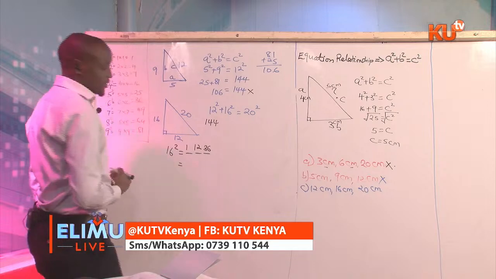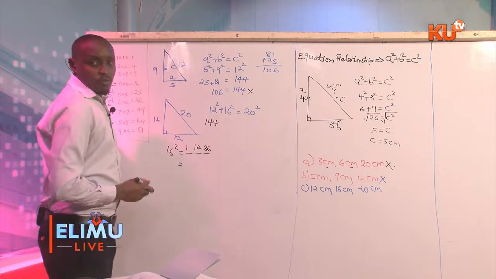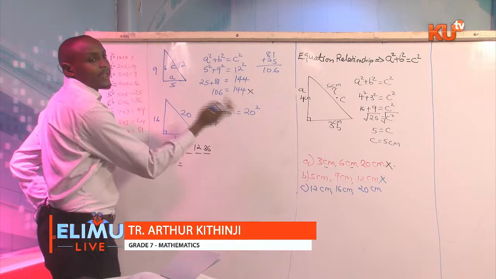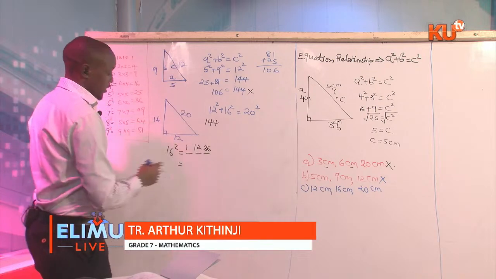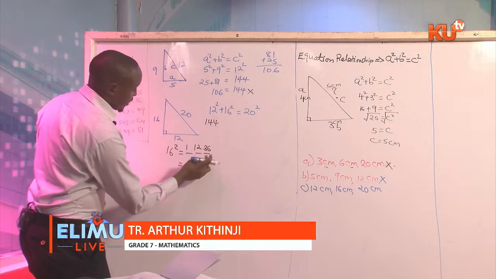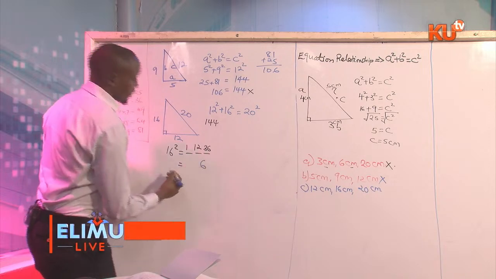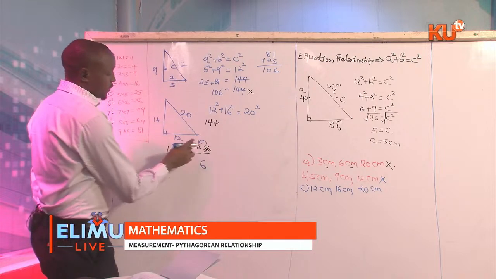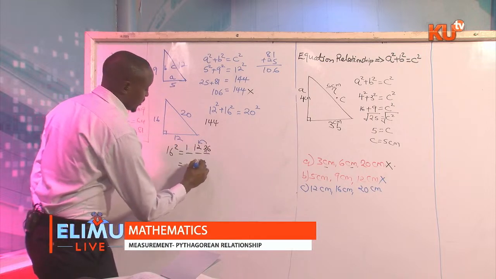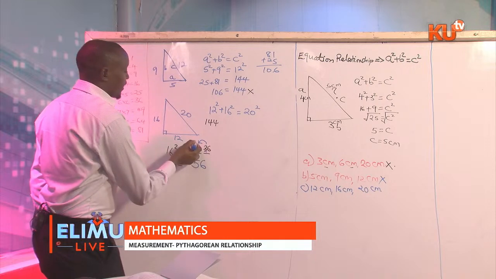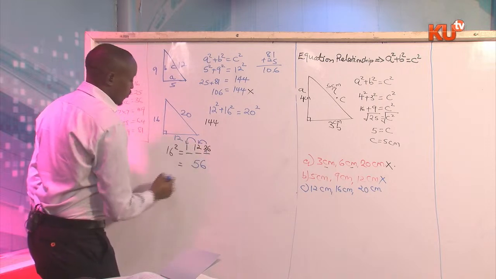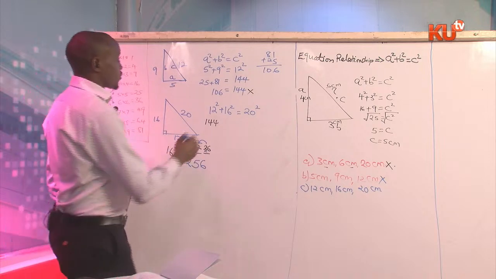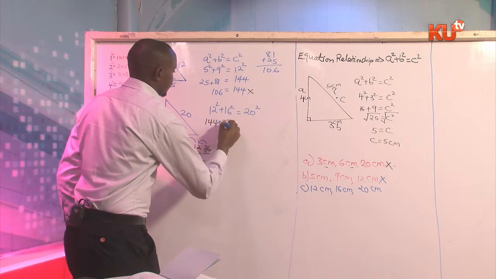What we are going to do in this case, look carefully, we are going to pick the number in ones and carry any other number to the next group of numbers. So we shall write 6, we carry 3 and add it to 12. So 12 plus 3 is 15. We shall write 5, carry the 1 to 1, and 1 plus 1 is 2. Therefore, 16 squared is 256.